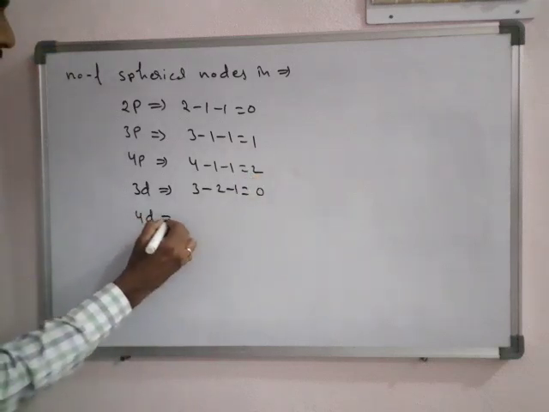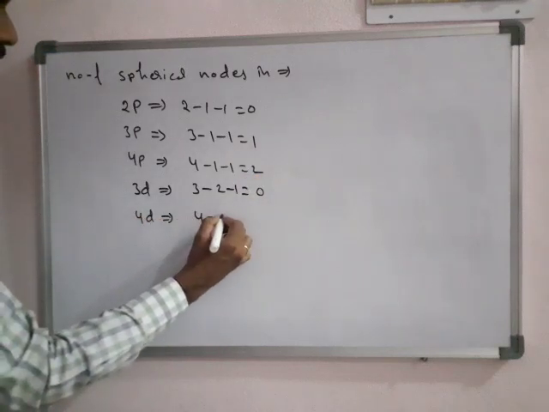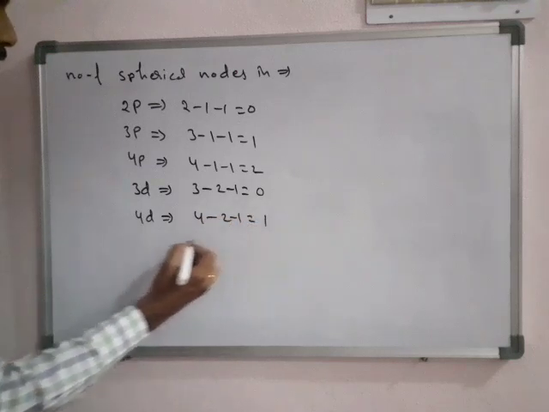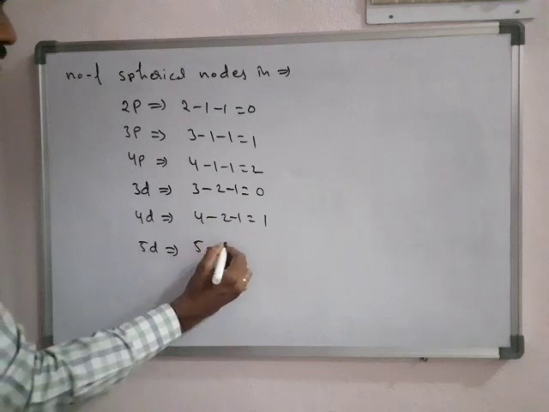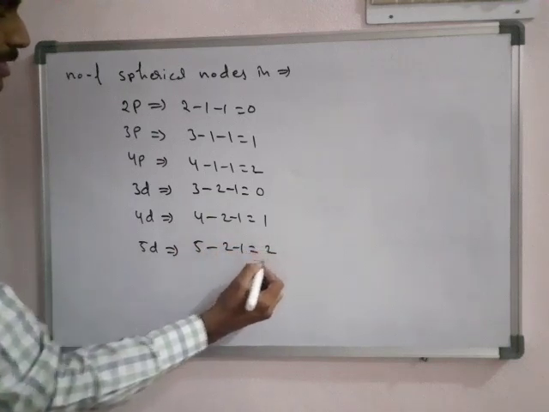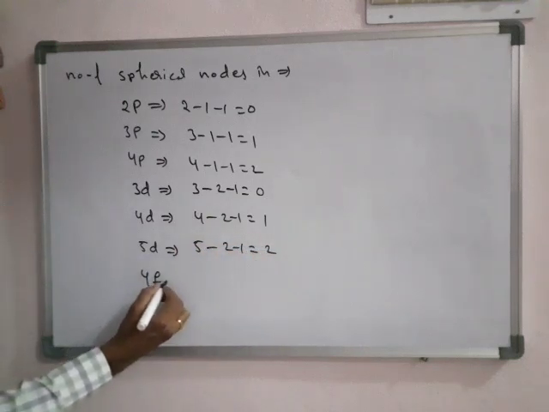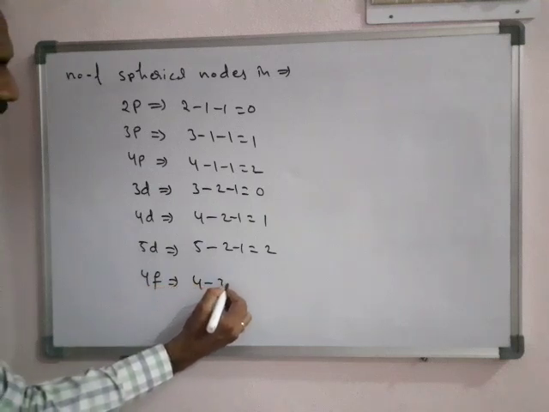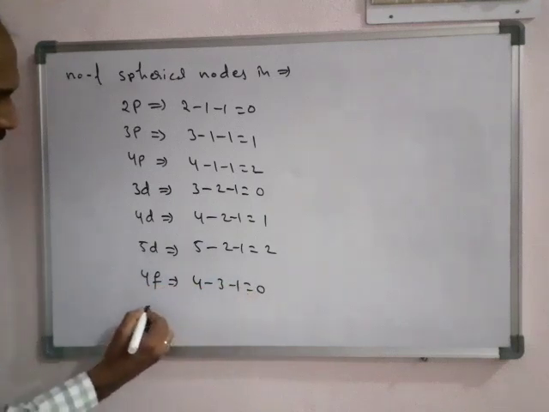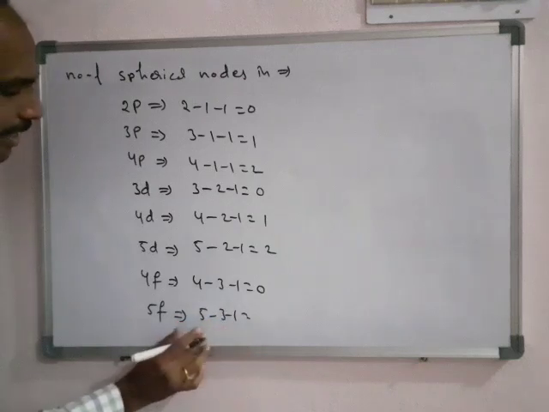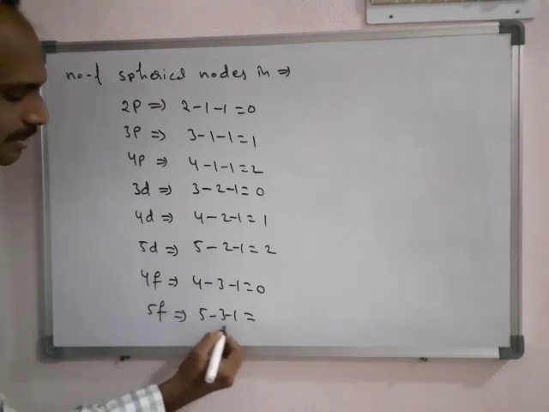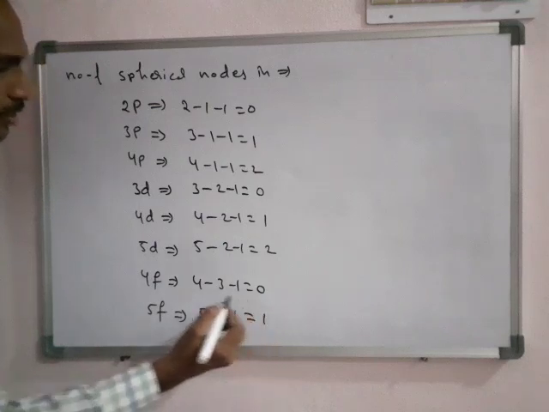For 4d, how much? 1. The same way for 5d, 5 minus 2 minus 1, 2. What about 4f? 4 minus 3 minus 1, that is 0. And 5f, the last one: 5 minus 3 minus 1, we get only 1.